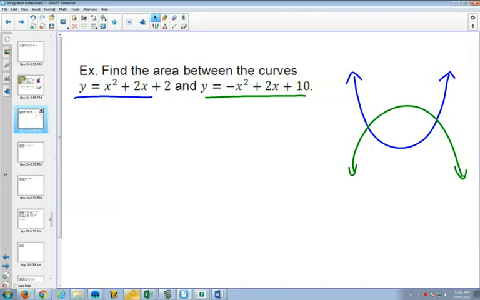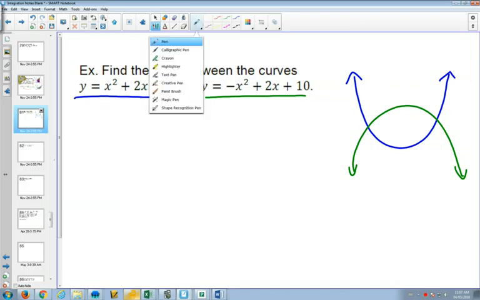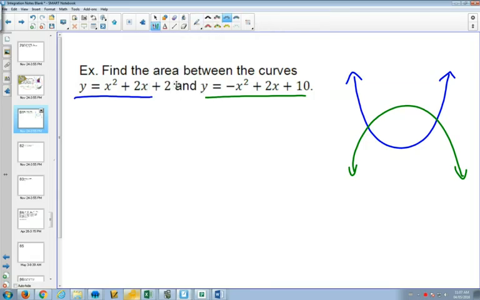And then if you're finding this area in between, oh wow. Nice. If you're finding that area in between, then you would have to do the green one minus the blue one.